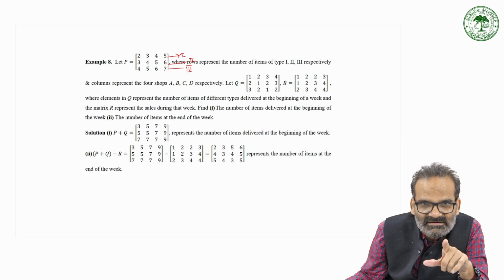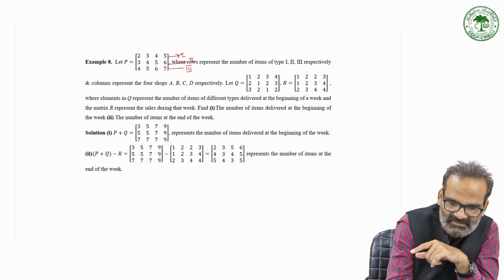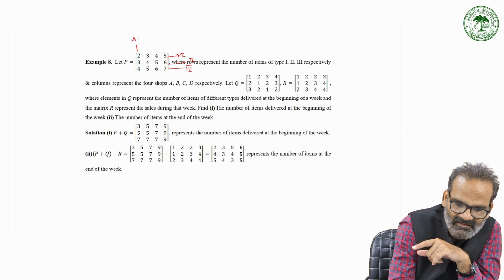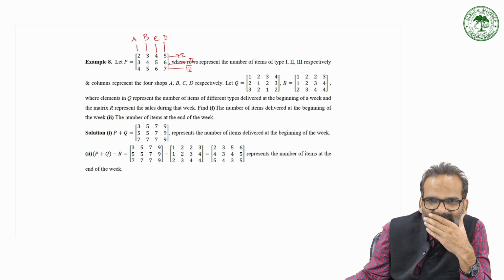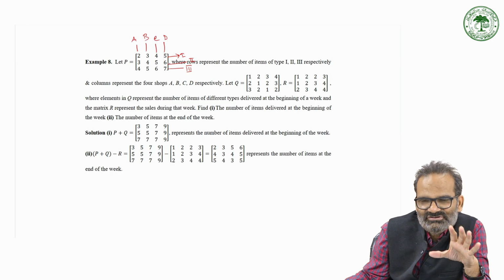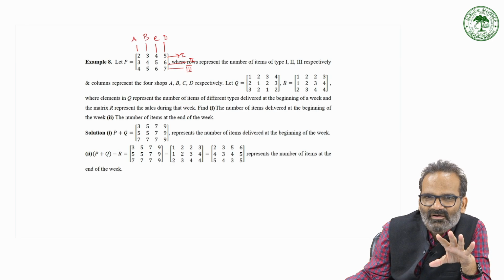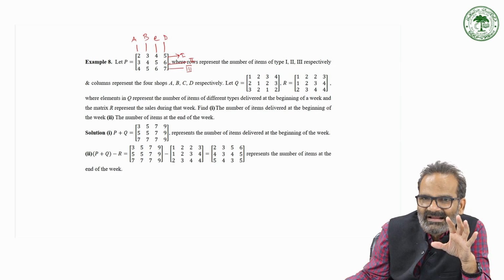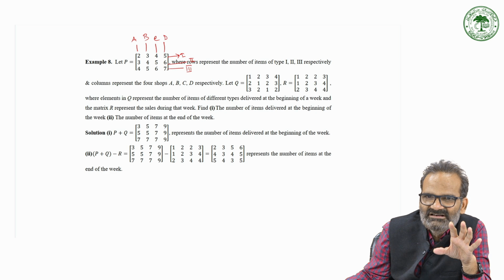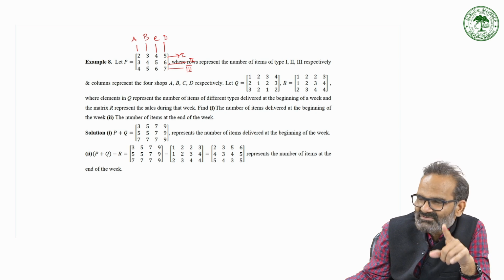And columns represent the 4 shops: A, this is B, this is C, and this is D, right? There are 4 shops A, B, C, D represented by the columns, and there are 3 categories of items available in these shops, 1, 2, 3.